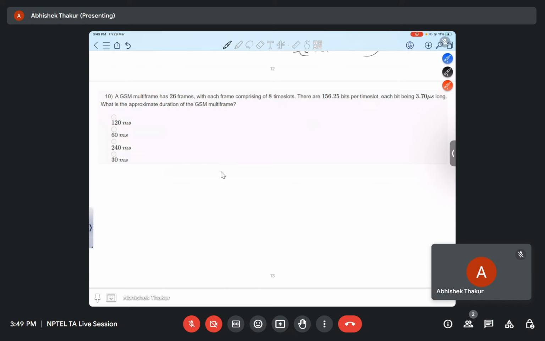So the approximate duration can be given as follows.